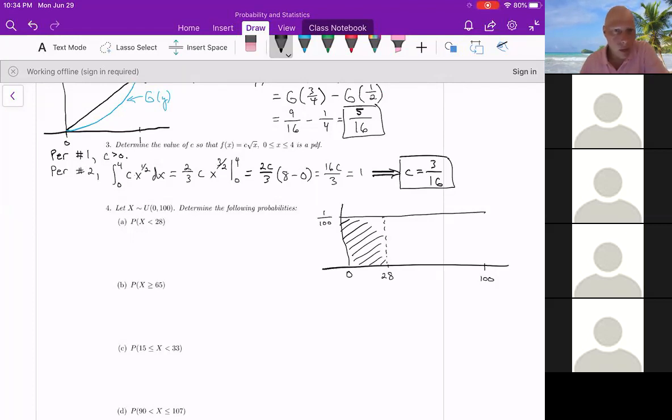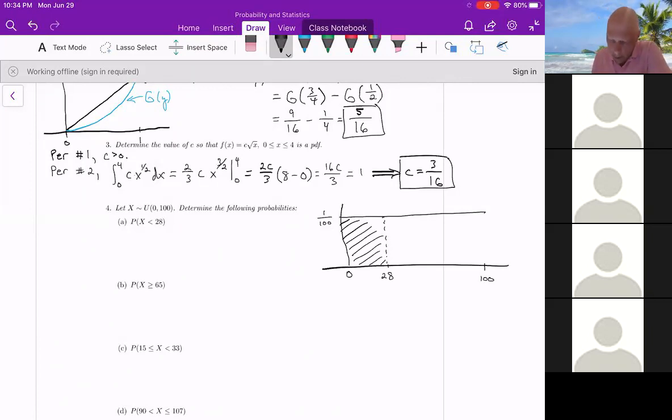You could get this geometrically, or you could get it from integration, and we'll do it both ways so that you see that they work for the uniform distribution. Uniform is really easy because it has a simple geometric interpretation, but other distributions which aren't squares or rectangles are a bit more obscure.